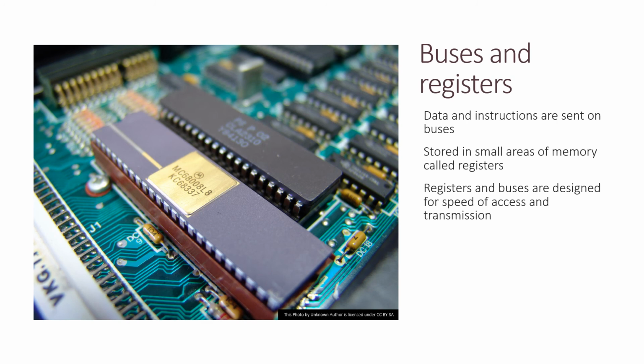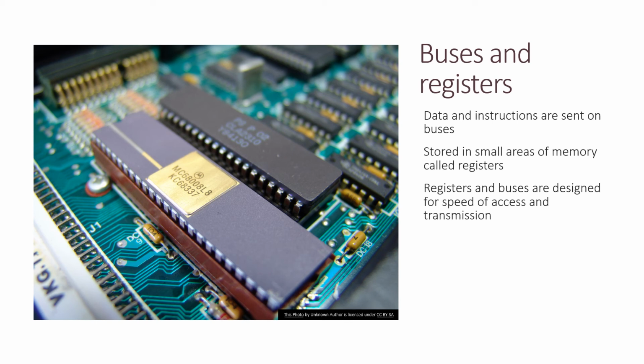Be aware that the instructions are passed around between the different parts of the processor on buses. I sometimes colloquially refer to the buses as wires. They're not solid wires. They're these channels that you can see that are conductive.